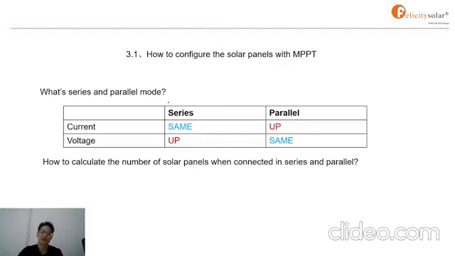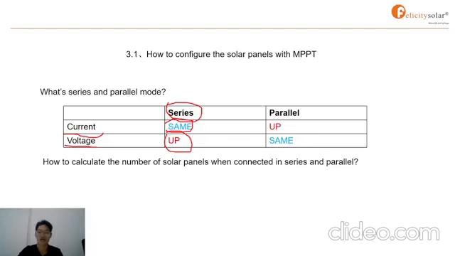It is simple. When you connect the panels in series, the current will stay the same, but the voltage will be different. For example, if you connect three panels in series, your voltage will be tripled, just times 3. The voltage will be 3 times its original. If you connect 5, the voltage will be 5 times.